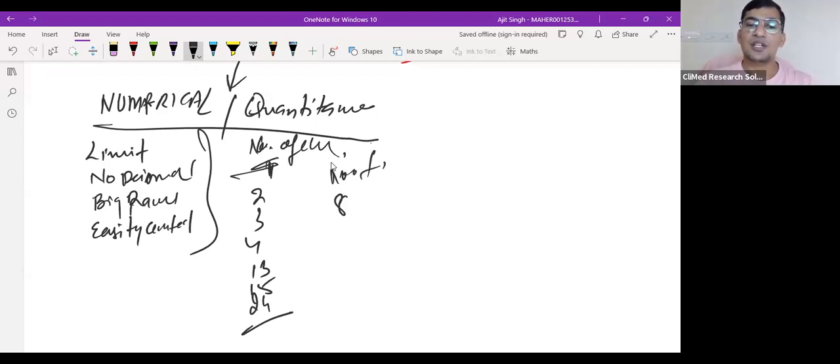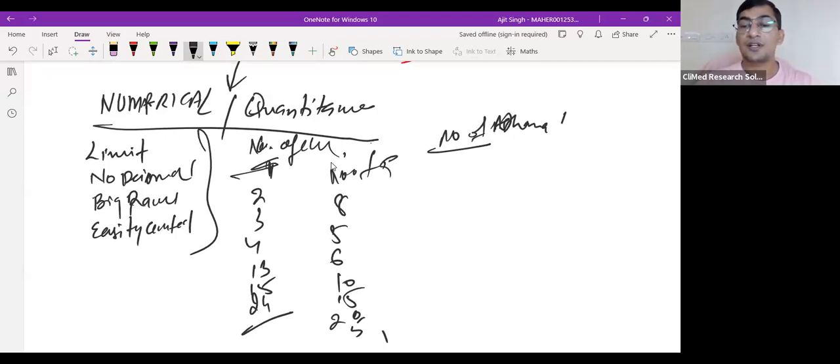Number of cars: 8, 5, 6, 10, 15, usually 20 at most. In patients, number of asthma attacks: 2, 3, 4 in a week or in a month, or 10, 5, 6, 8.